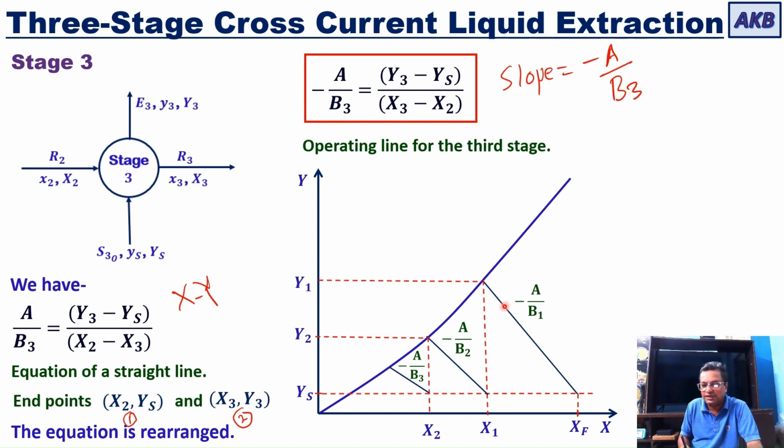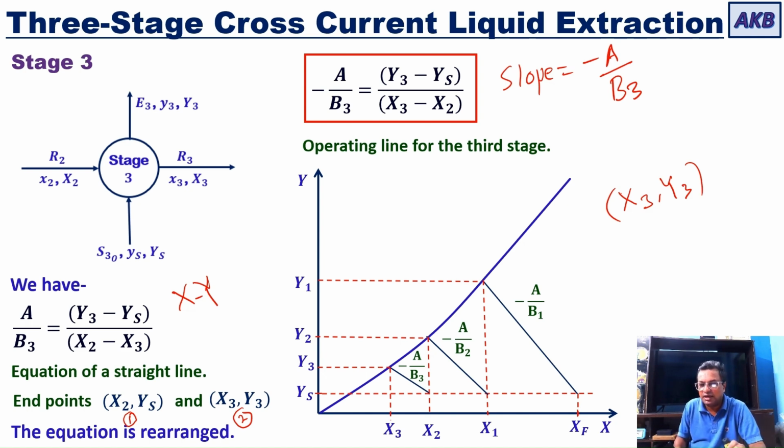Please note each of the three stages is ideal, because the leaving extract and raffinate phases are in equilibrium with each other. So we get this point, and the coordinates of this point are X3 and Y3. So in this way, at the end of our calculations for stage 3, we get values of X3 and Y3. That completes our calculation for the third stage.